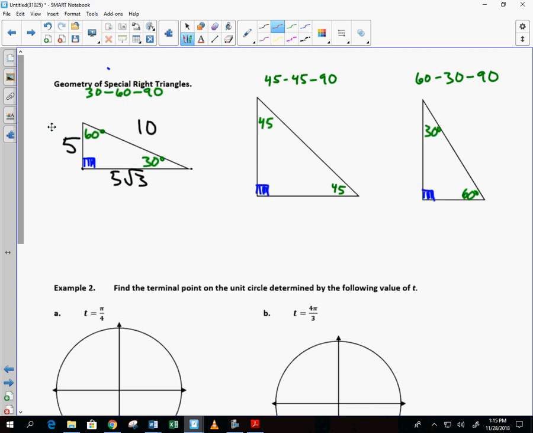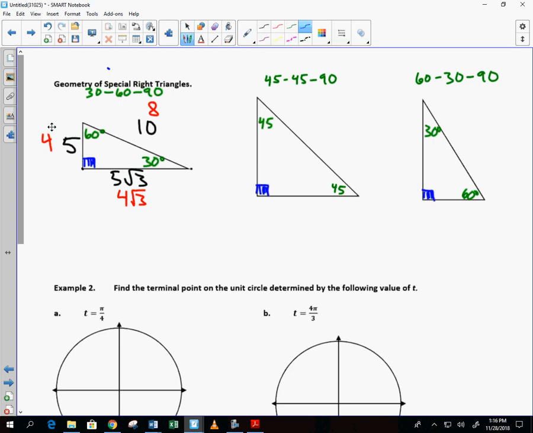So I'll put down a couple other numbers. Suppose instead of 10, suppose this has a length of 8. What would this side be? 4. And what do you do to this side to get this side? You multiply by the root of 3. Not too bad, huh? Suppose I do one more.